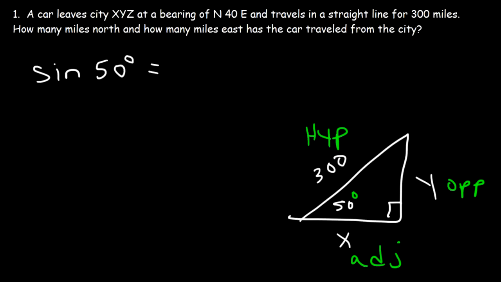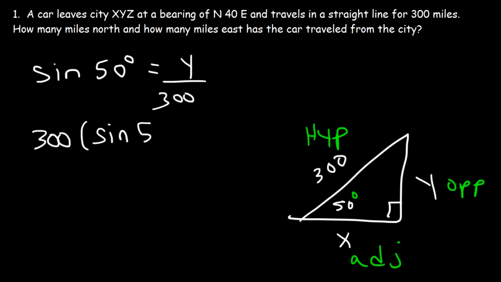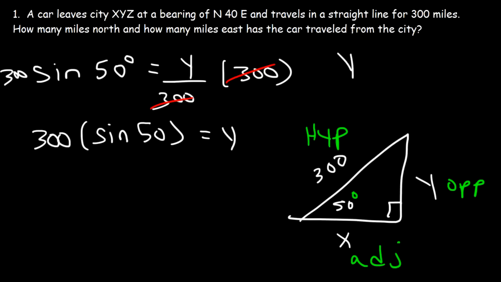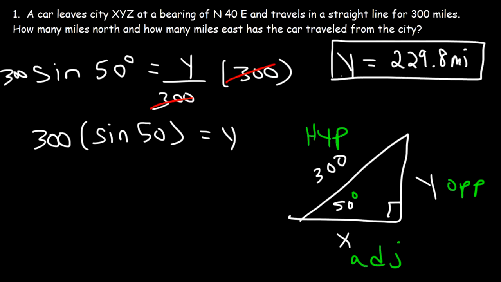Sine of 50 degrees is equal to the opposite side y divided by the hypotenuse. So 300 times sine 50 is equal to y. We've got to multiply both sides by 300 to isolate y. So now let's multiply those two values, 300 sine 50. So y is equal to about 229.8 miles. So that's how far north the car traveled relative to city XYZ.